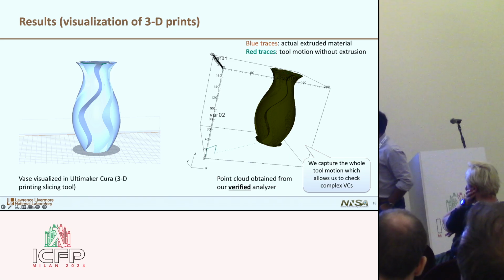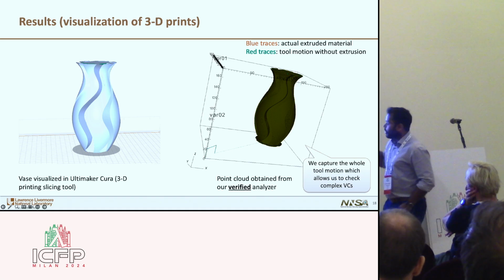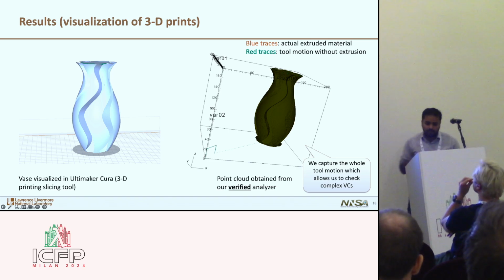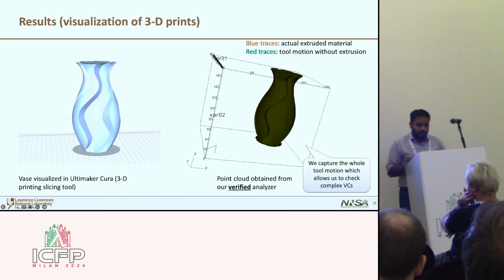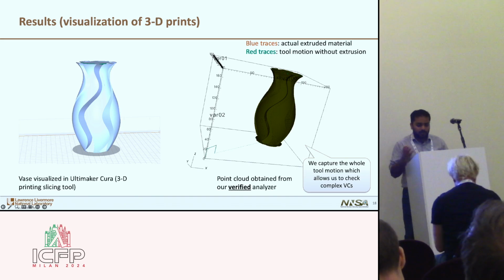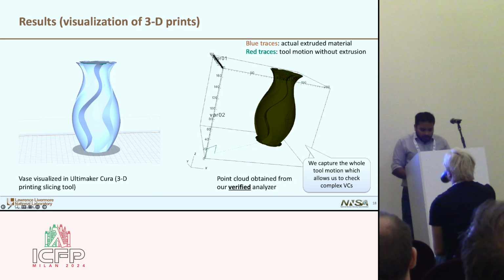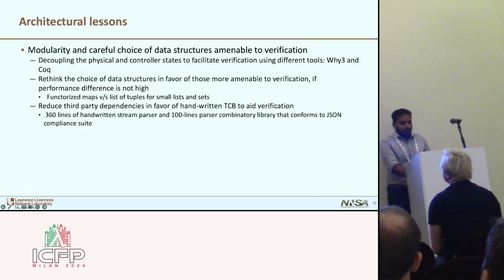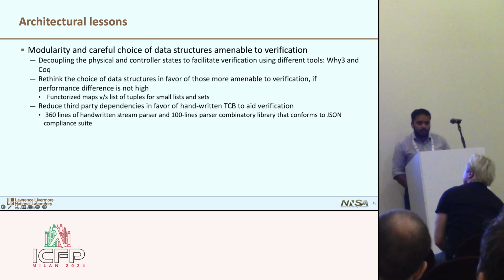So essentially we have captured the toolpath motion without extrusion and with extrusion, the whole toolpath motion, and that allows us to do full-fledged deep analysis on the toolpath planning part, which is not well supported in simulation-based approaches.